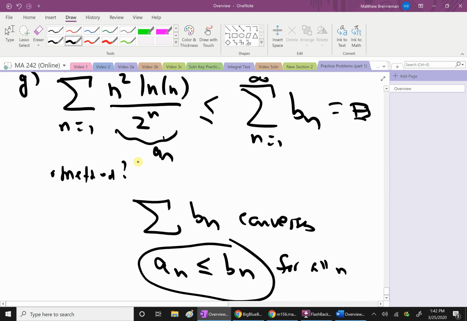My original series therefore has to converge because I have a sequence of partial sums that's increasing and bounded above. We said before that that's the basis for the comparison test. When you have a series whose partial sums are bounded above and the sequence is increasing, the sequence has to converge. So that's what I'm going to do.